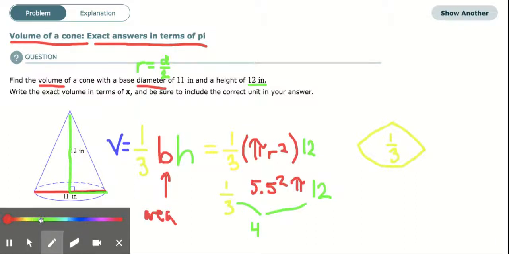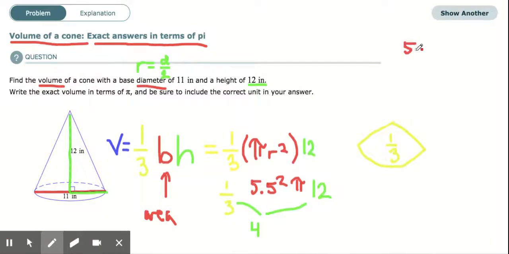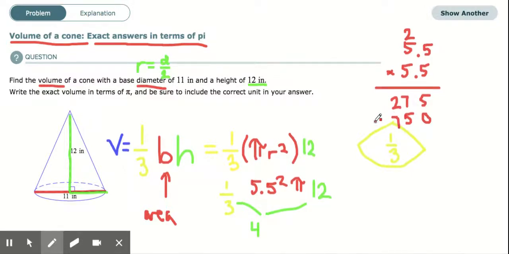Now what's 5.5 squared? Let's go ahead and do this out. 5.5 squared would be times itself. So let's see, 5 times 5 is 25. And then 25 plus 2 is 27, right? And then we're doing the tens, so now we put a 0 here. And you would get the same thing again. So you'd get 5, and then you'd get your 7, and you get your 2.